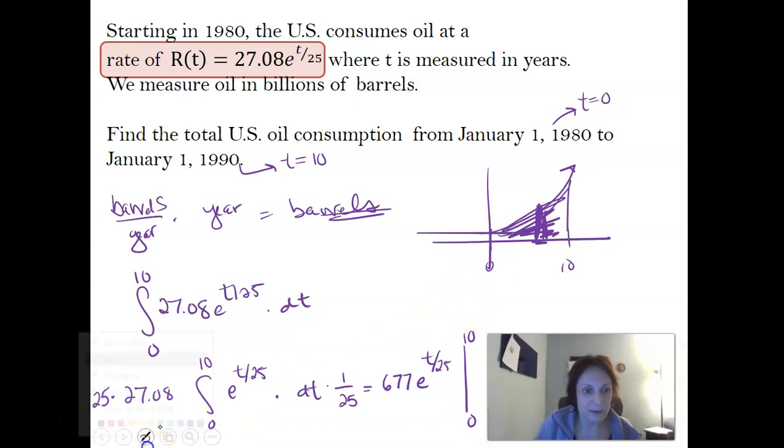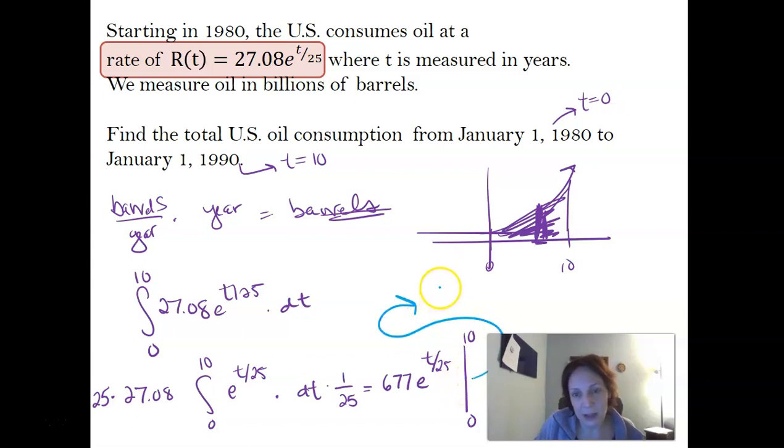So grab a different color so it doesn't look as hard. All right, so let's go evaluate this up here. I've got to plug in a 10, so 677 e to the 10 over 25 minus 677 e to the 0 over 25, or e to the 0. All right, so should we get a number?